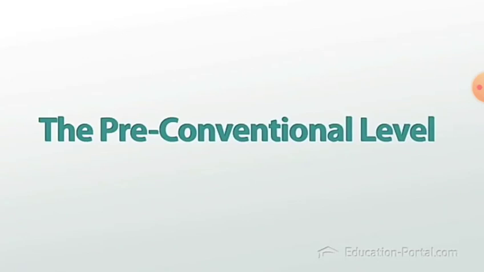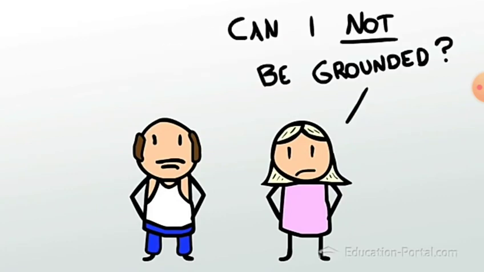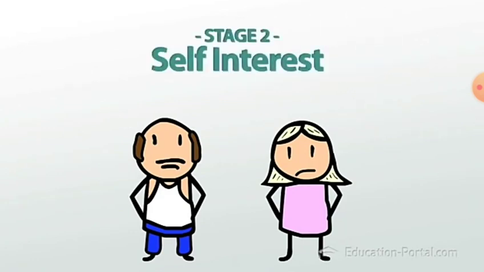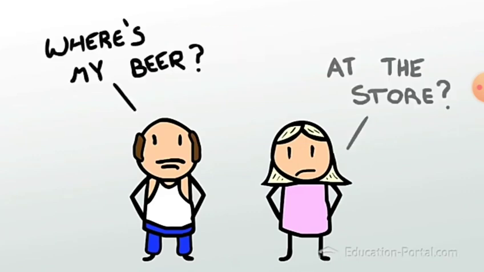In the very first stage, people are motivated by trying to avoid punishment. Their actions are bad if they get punished and good if they don't. In this stage, Lauren would give her father the money because she doesn't want him to punish her. At the second stage, people are motivated purely by self-interest. So Lauren at this stage would likely keep the money, thinking that if she can't afford a bike, she can use it to buy something else good for herself.